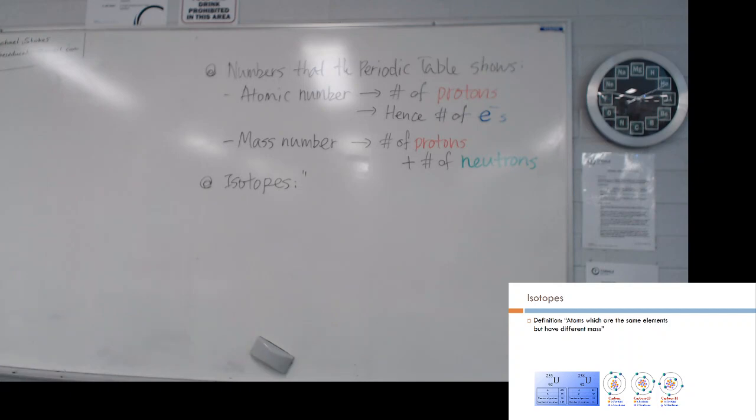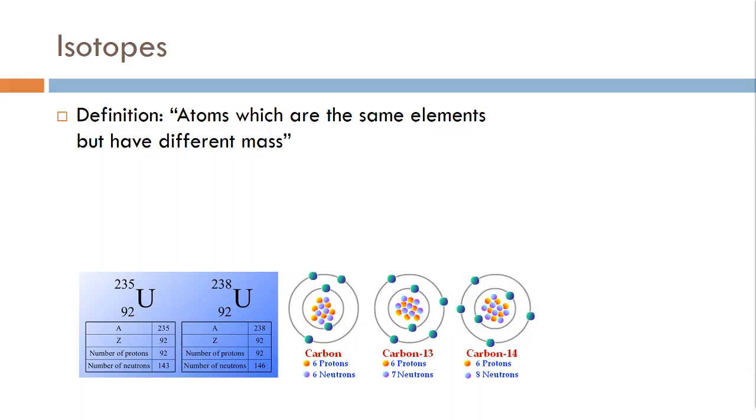Atoms which are the same element, that have the same number of protons, but different mass, let's also say due to different number of neutrons.